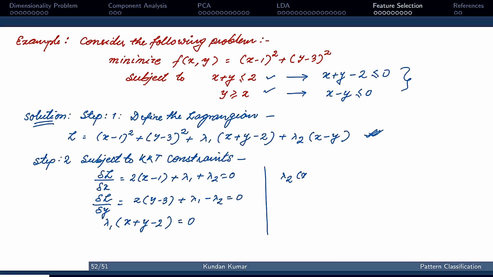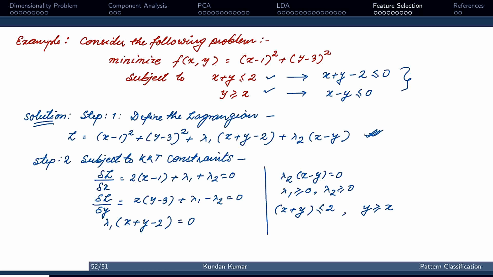Lambda 2 (x minus y) equal to 0. And here the Lagrangian coefficients are greater than or equal to 0, and also we have the constraints x plus y less than or equal to 2, and y is greater than or equal to x.